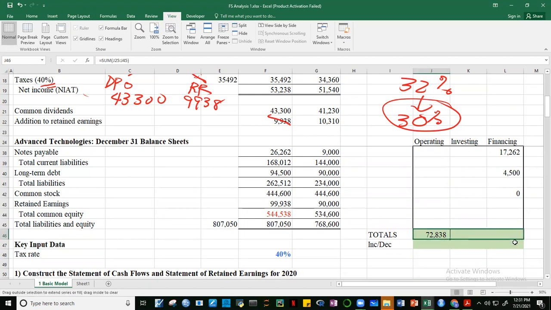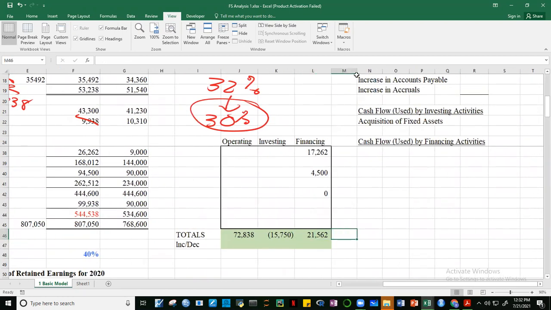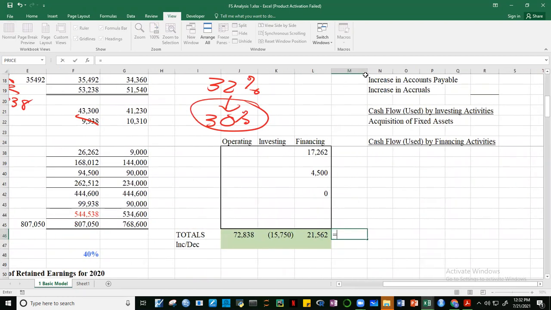Let me copy this. Si investing gumamit ng cash 15,750. Si financing nagbigay ng cash na 21,562. Okay, if we net this, sum natin. Okay, 78,650. Yan ang net cash natin.